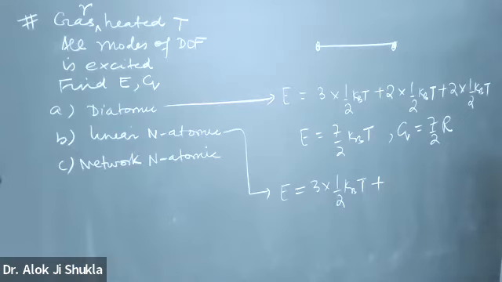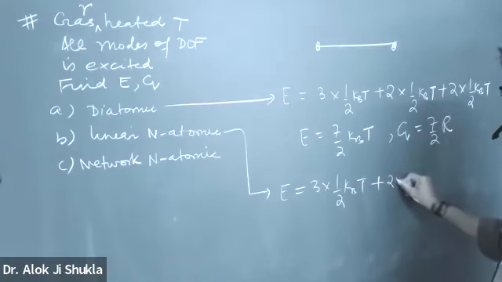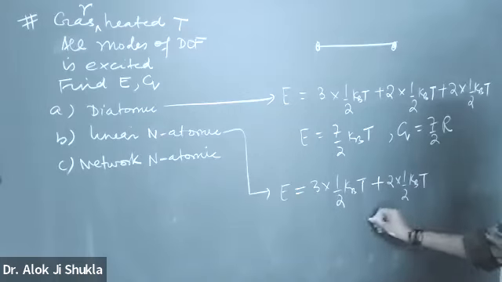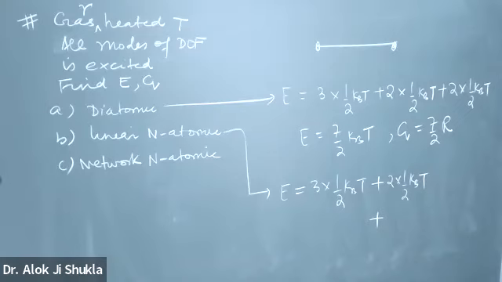So it will be 2 into half kBT plus, if it is n atomic, n minus 2 constraints will be there, so n minus 2 vibrational modes.